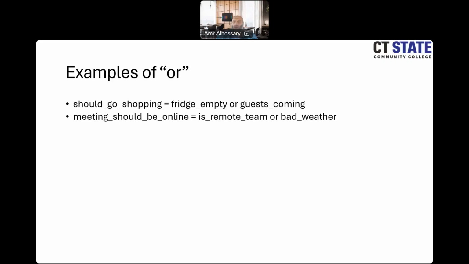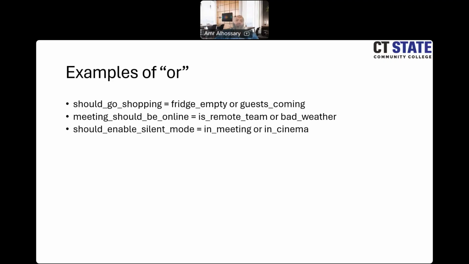So even if we are all from the same city but there is bad weather, like currently, we should make the meeting online. If the team has remote members, it must be online. If both, it must be online. So OR means the first, the second, or both.